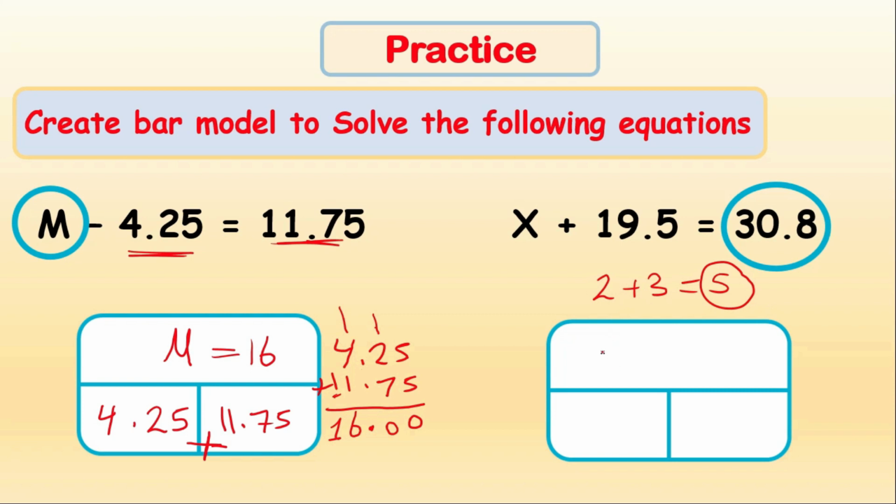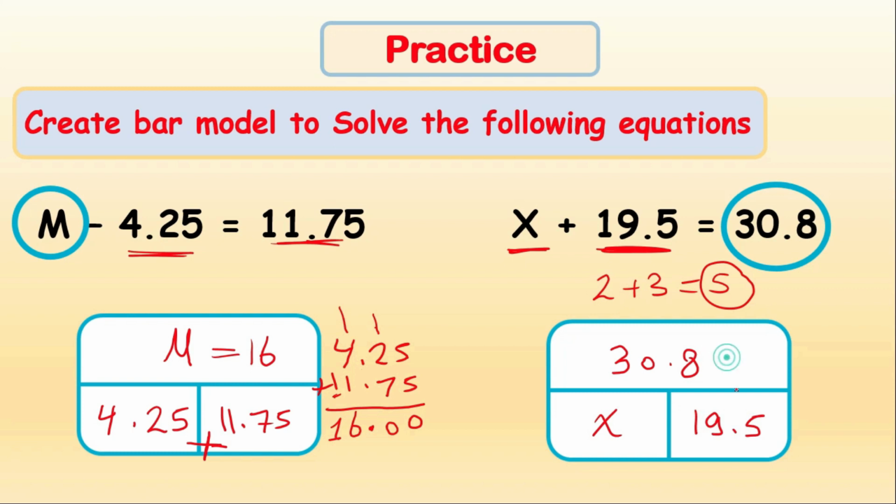So write the greater value in the greater part, and the rest, x and 19.5, in the smaller parts. And then what are we going to do?